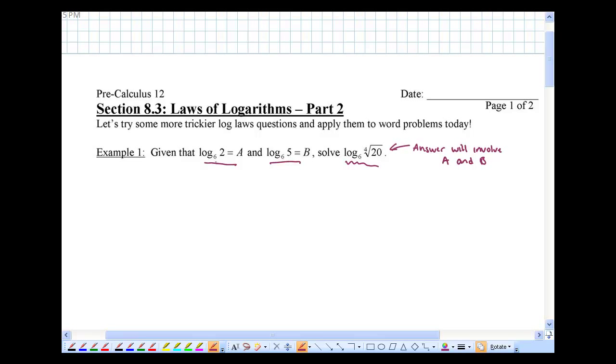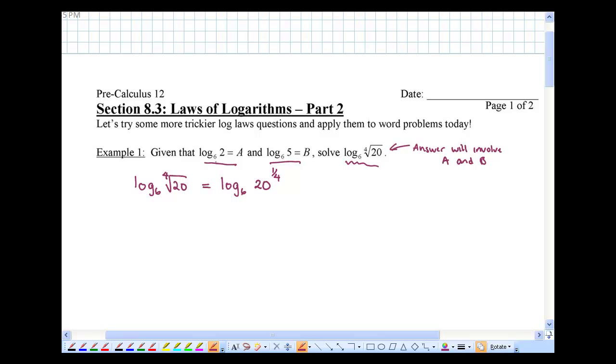So how can we do this? Well, you're going to have to find a way to rewrite this logarithm using your log laws. Anybody have an idea of what you can do first? That 4th root there doesn't look too nice. So how can we rewrite the 4th root as an exponent? If you said you remember that as to the power of 1/4, I'm very happy.